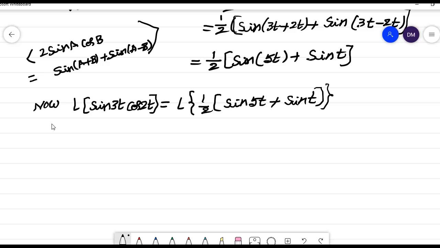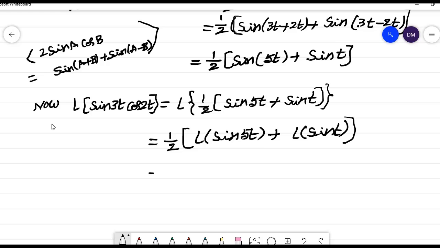Now here 1 by 2 is a constant, keep it outside, and the functions are in the form of addition. Now apply the Laplace transform to the individual functions: L of sine 5t plus L of sine t.